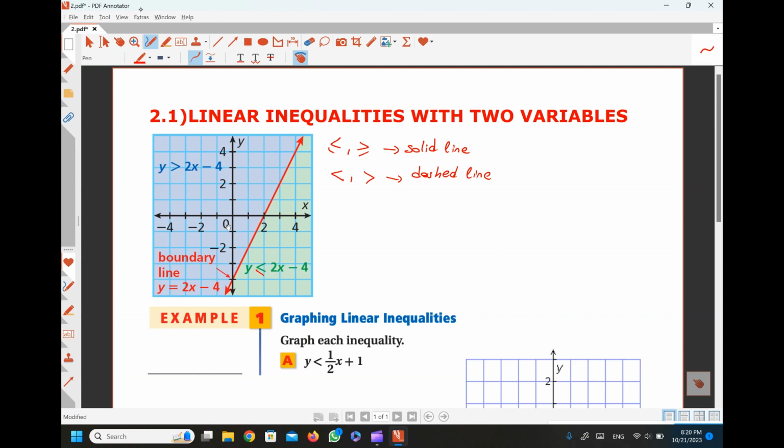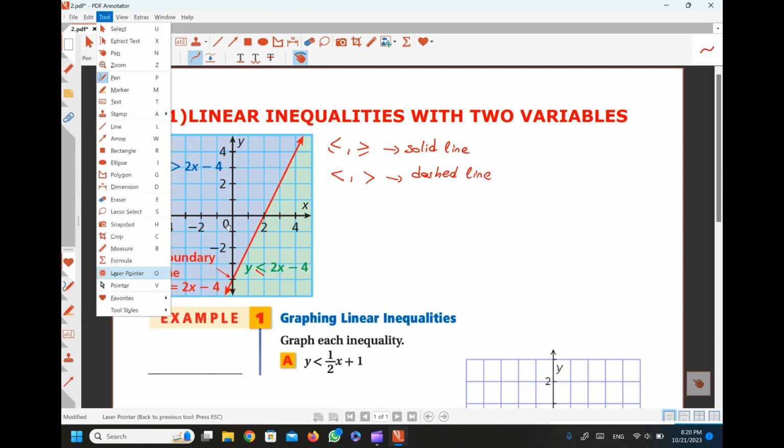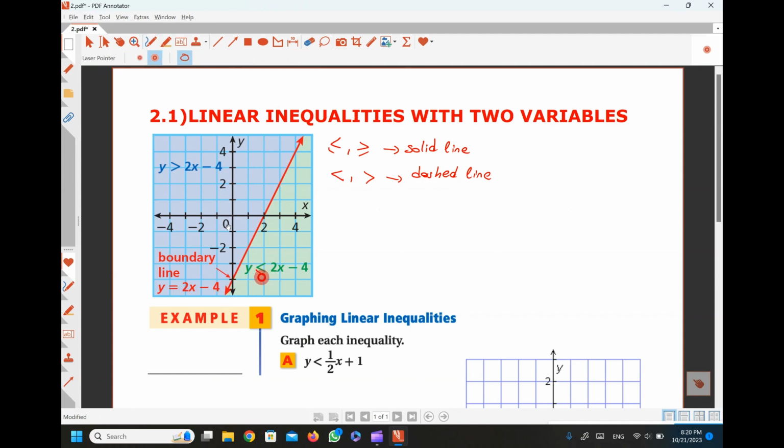So when we have the less than or equal to symbol, we have to shade below the line. This region will be our solution. On the other hand, if we have the greater than or equal to symbol, we have to shade above the boundary line.